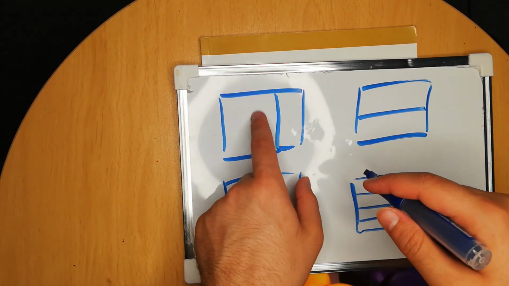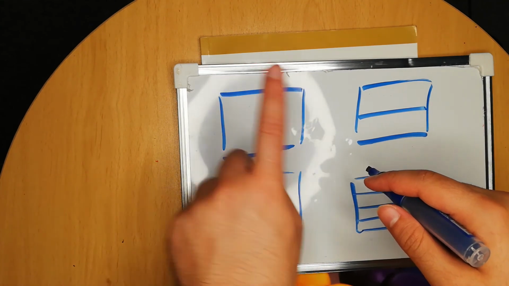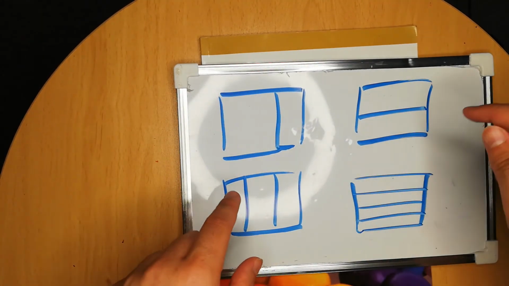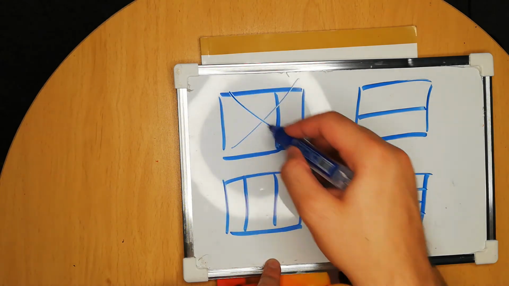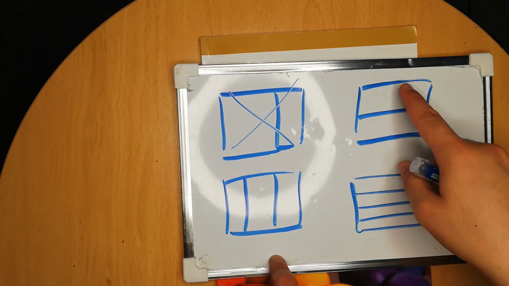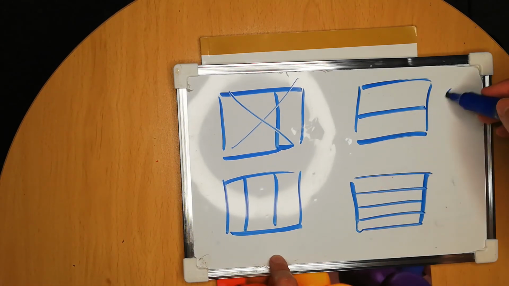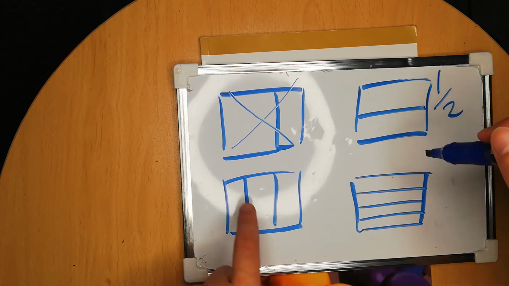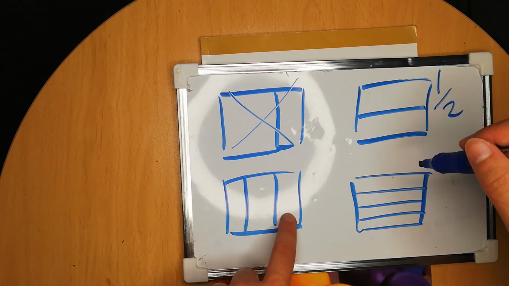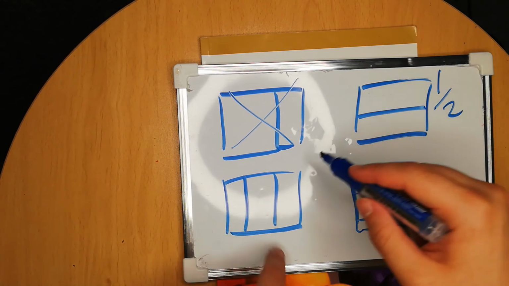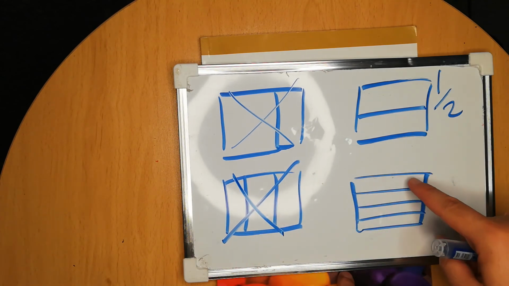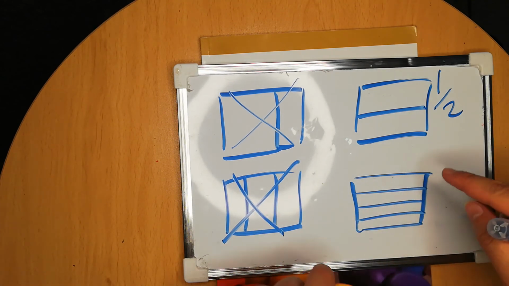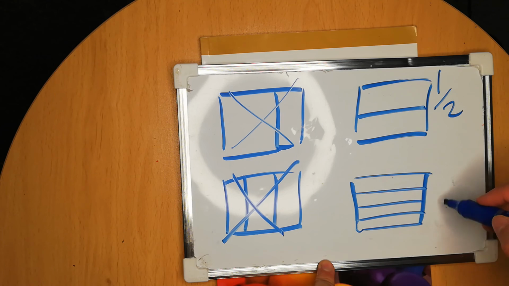Is it half? No, it's not. Okay, so this one, no. What about this one? Is it half? Yes, it's half. What about this one? Is it quarter? No. What about this one? Is it quarter? Well, the sides seem the same, so we can say it's quarter.